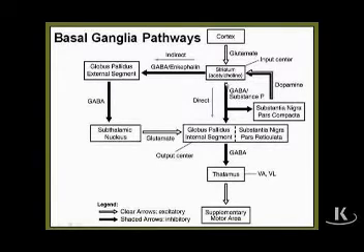Those GABA neurons project out of the striatum and project mainly to the internal segment of the globus pallidus, where there is a second population of GABA neurons. So the disinhibition in the direct pathway is formed by GABA neurons in the striatum that synapse with GABA neurons in the internal segment of the globus pallidus.